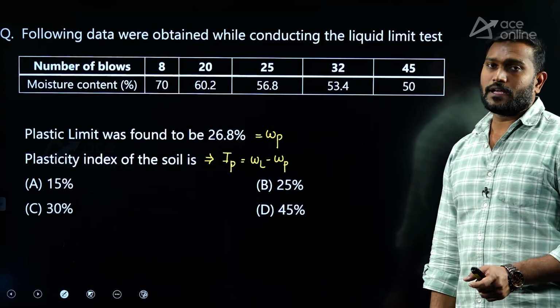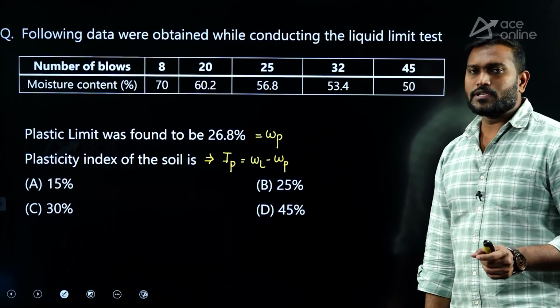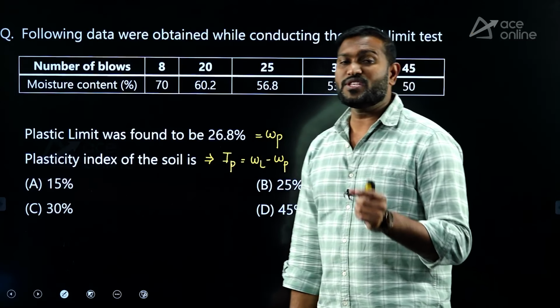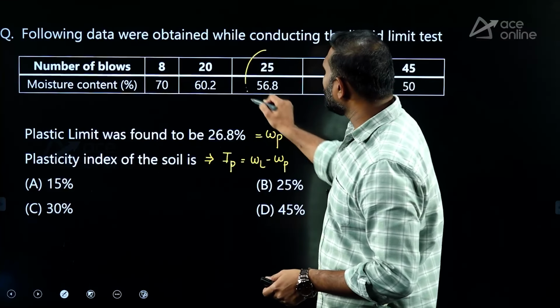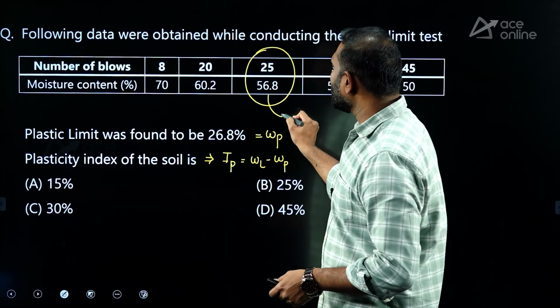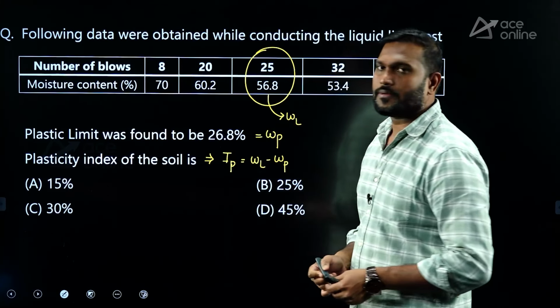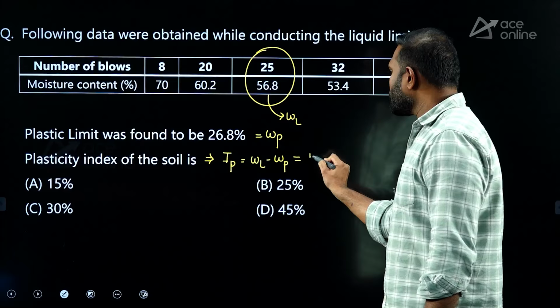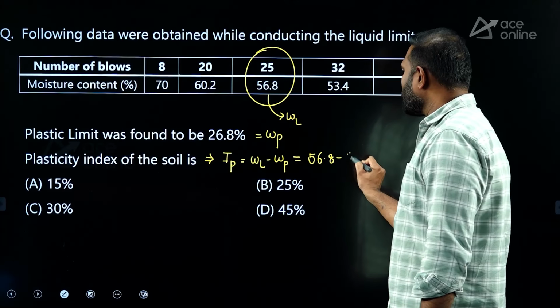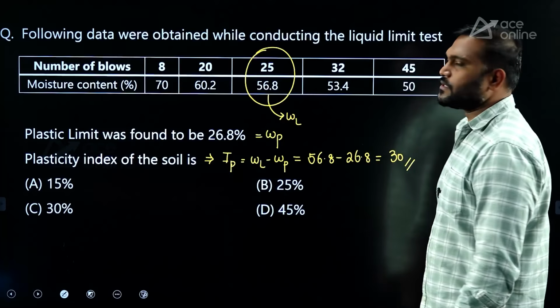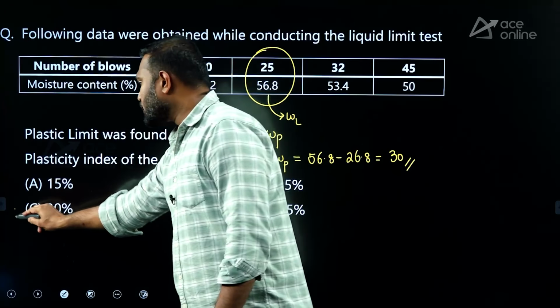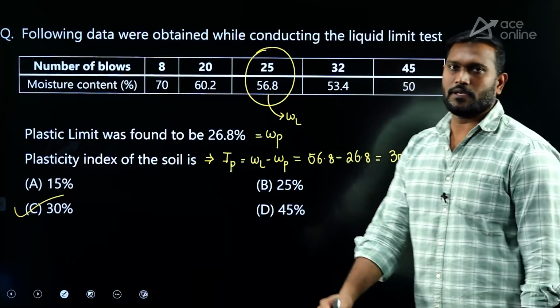The liquid limit is defined as the moisture content at which the number of blows required to close the groove is 25. From the liquid limit test, wherever the number of blows is 25, that moisture content is known as the liquid limit. So now substitute 56.8 minus 26.8. The correct answer is 30%. So from the given options, the correct answer is option C, 30%.